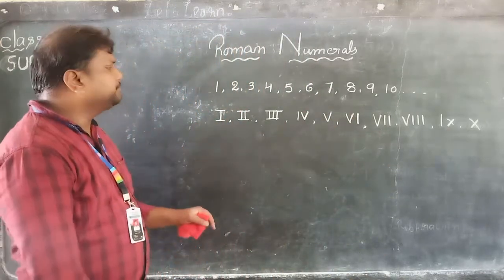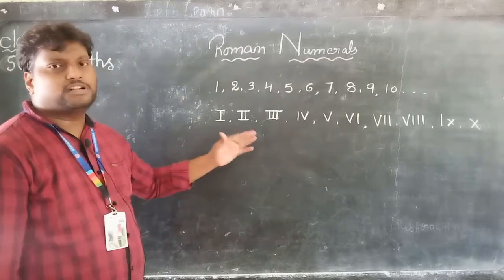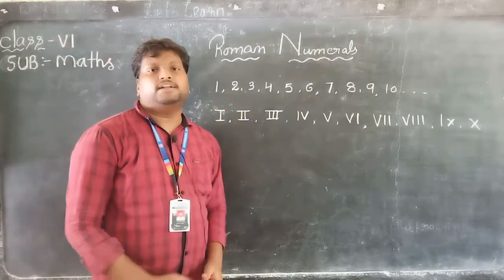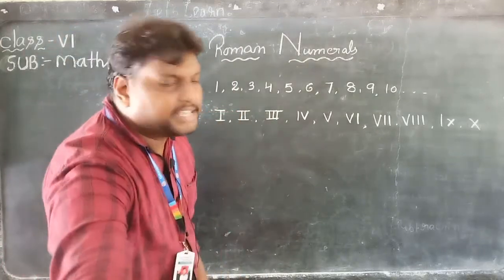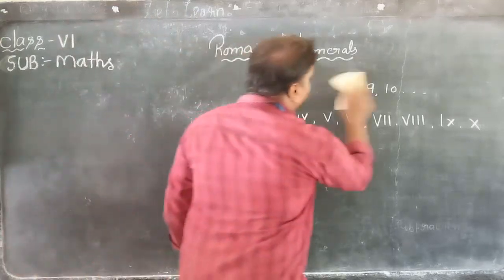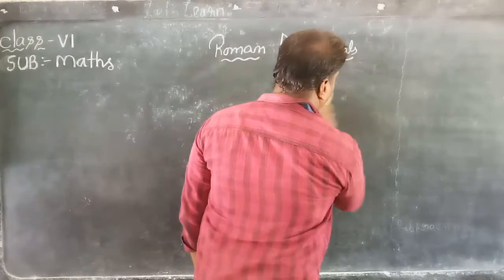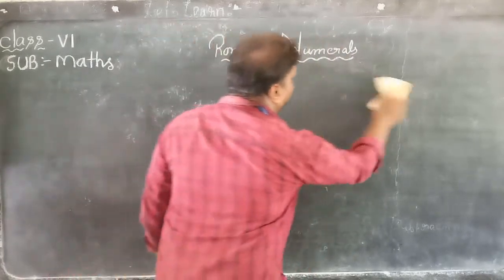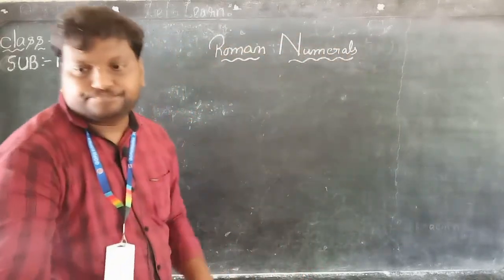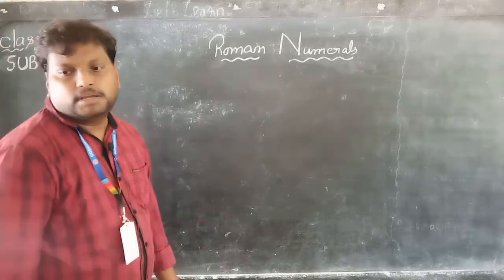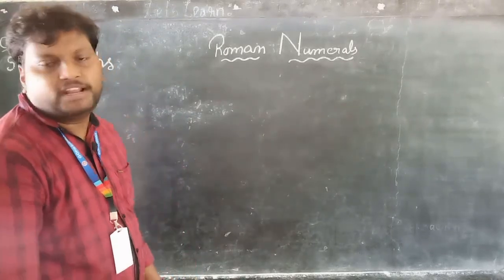We have some confusion about how to write these Roman numerals. For that we have some rules. So many rules are there, and the first rule is, if a symbol is repeated, the value will be added that many times.